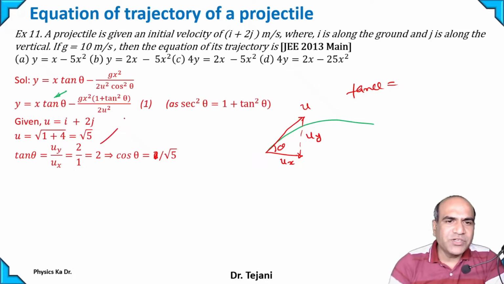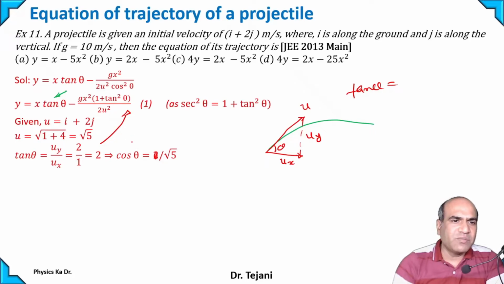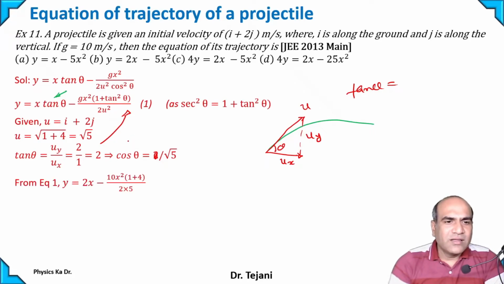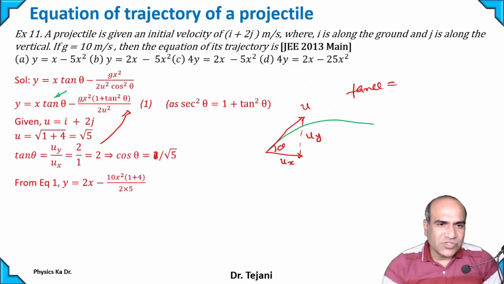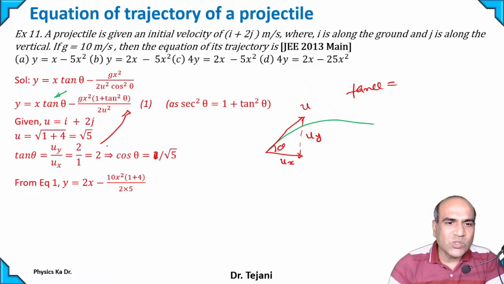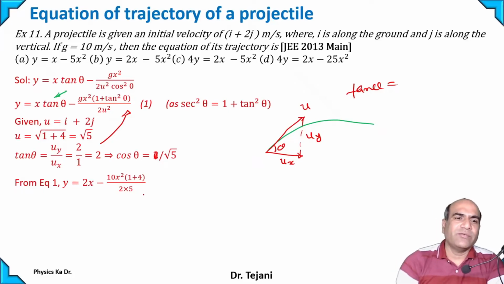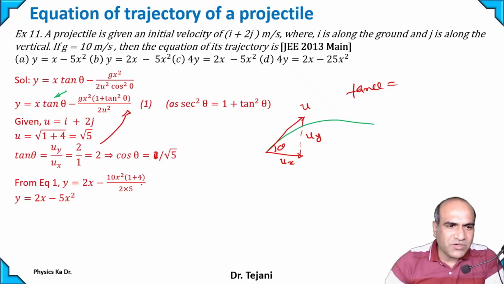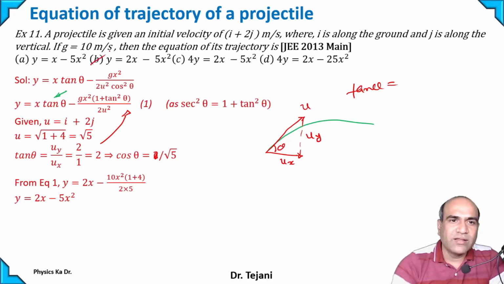So put all the values in equation number 1. y is equal to x, keep x as it is, tan theta is equal to 2, g is 10, x square over 2 multiplied by 5. Simplify this equation: y is equal to 2x minus 5x square.